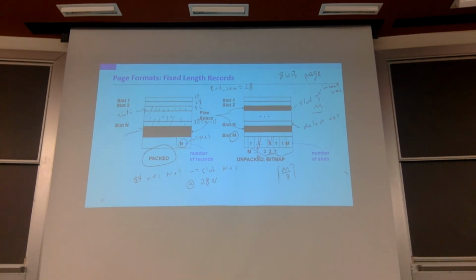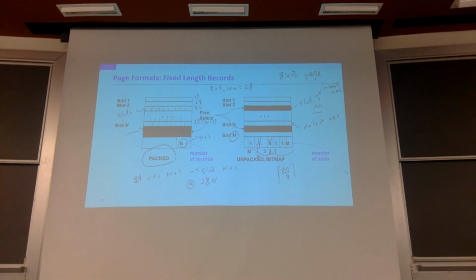Yeah, anybody want to try it? Take your page size, times it by your bits to get the number of bits in a page. Divide that by however big your record is. Then you add one bit per record for your header, and do the division.